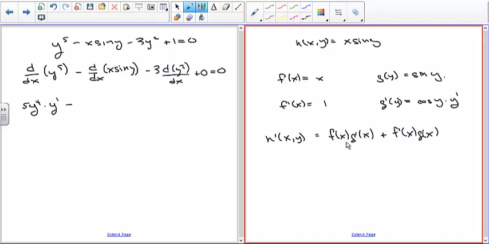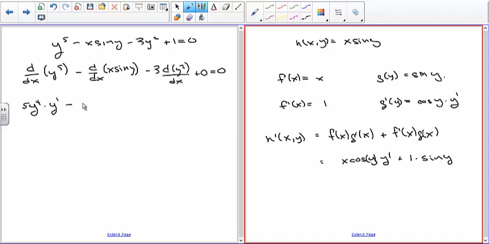Same deal. So you've got f times g prime. So you'll have x cos y, y prime. I'm going to put that in parentheses. And then you have f prime, which is 1, times g, which is sin y.